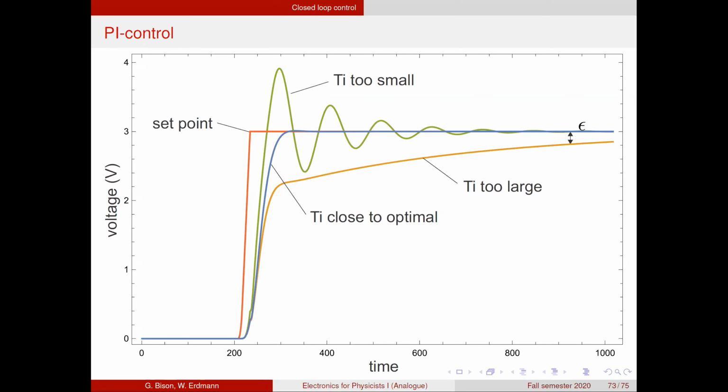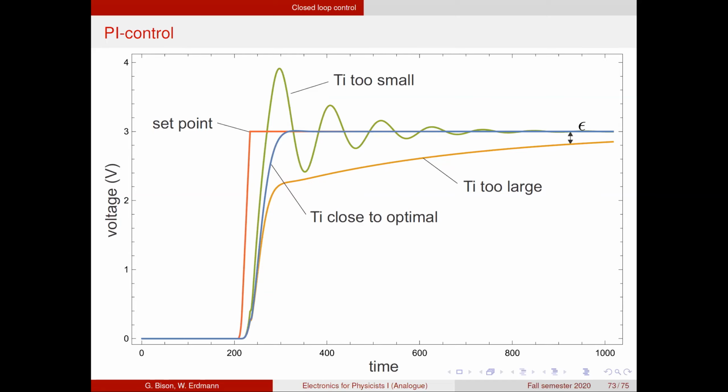And in this example, the orange curve, the time constant was chosen very long. And so you see, okay, it almost settles to the proportional part situation. And then slowly, the integral part kicks in.